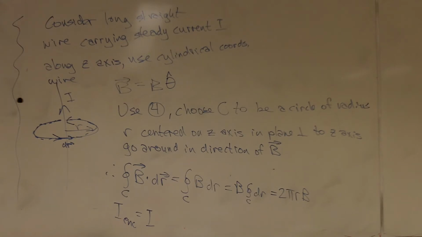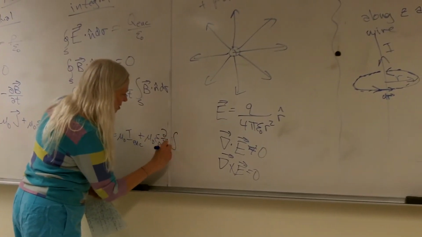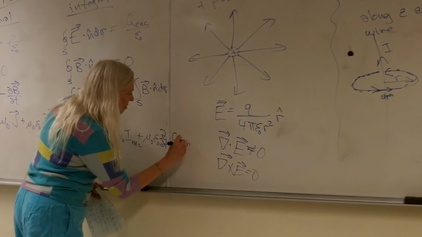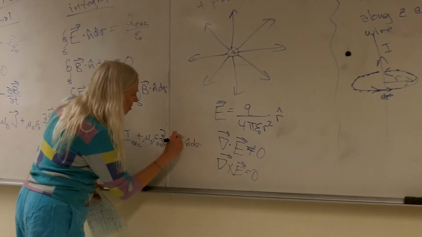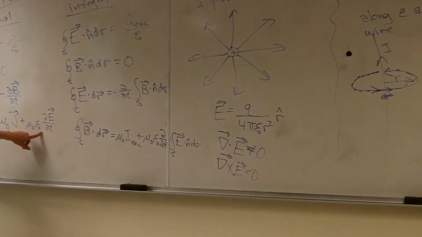For the second term, whoops, I forgot a time derivative in the second term. Yeah, you did. Right, because there was a time derivative here, and that remains there when I do my manipulations.